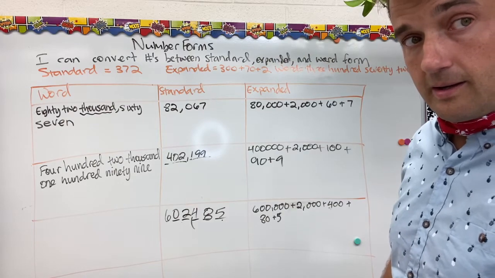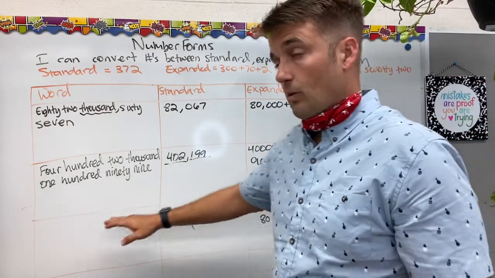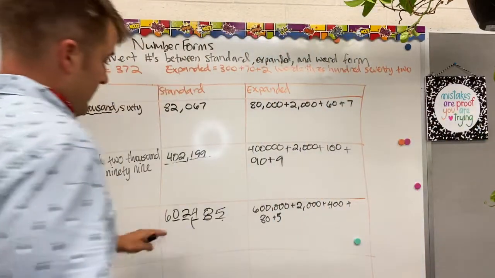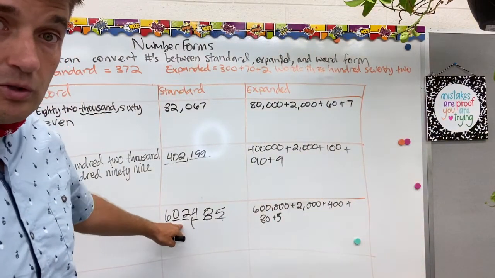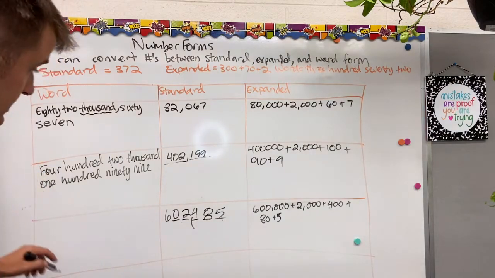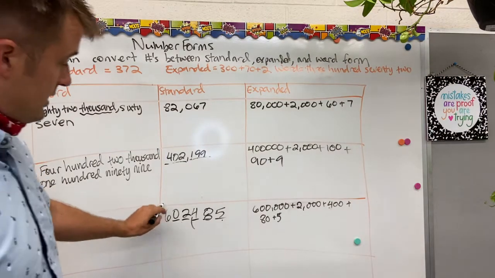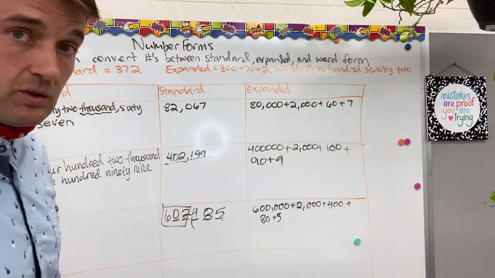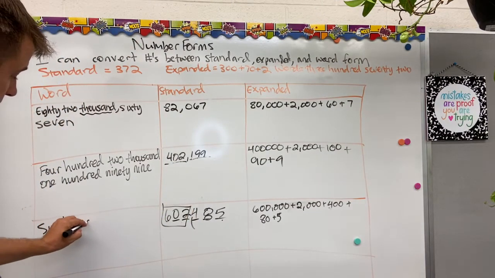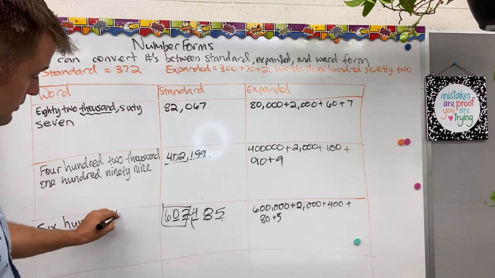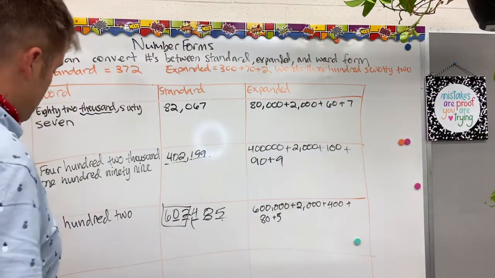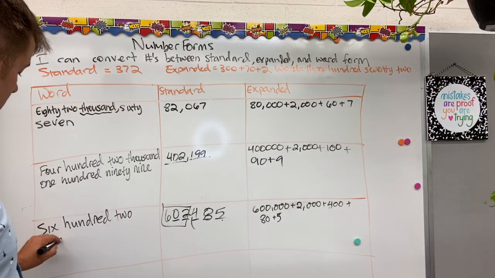Okay, last one, word form for that number. Start with the first period. The first grouping is the thousands period. If I was just looking at this, it would be 602. The name of the period is the thousands period, 602,000.